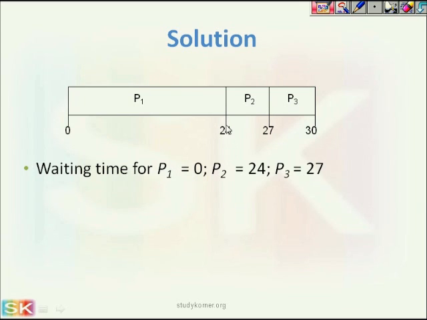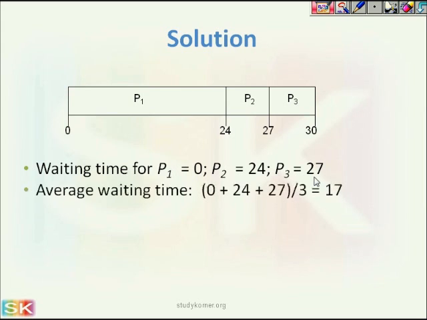So up to the 24th second P2 has to wait. So the waiting time of P2 is 24. Similarly, P3 was also submitted at time almost 0 and it got the CPU at 27. So the waiting time of P3 is 27 seconds, and the average waiting time will be 0 plus 24 plus 27 divided by 3, that is 17, right?